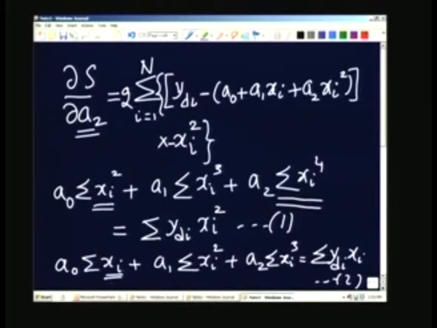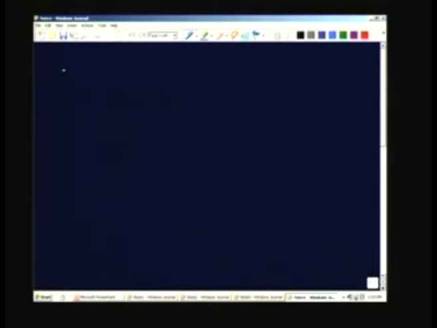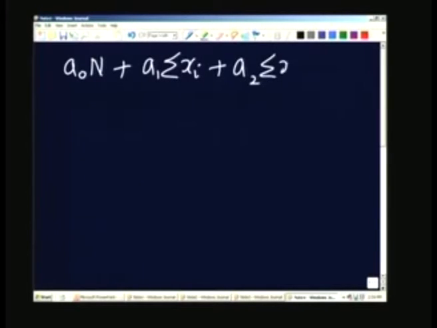So, similarly, we can write down the third normal equation, which is obtained as A naught into sigma 1, which is equal to n times A naught, plus A1 sigma xi plus A2 sigma xi squared is equal to sigma yi.